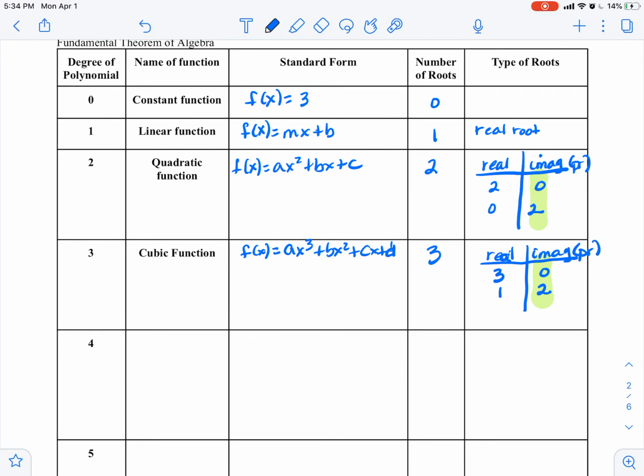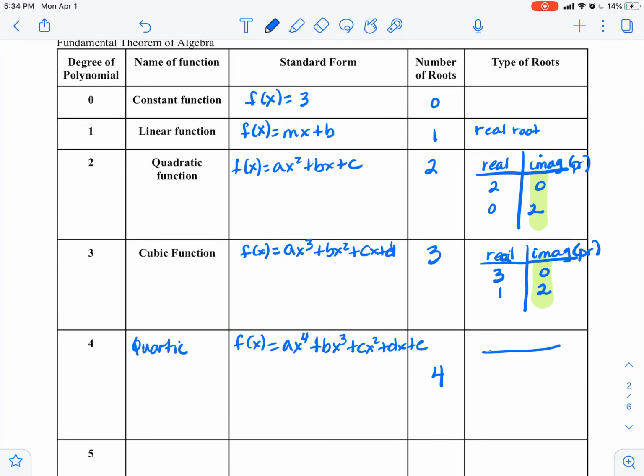And then I'm going to go on. So if we have a quartic, just to show you how it works, ax to the 4th plus bx cubed plus cx squared plus dx plus e. Again, it's going to have a max of 4.